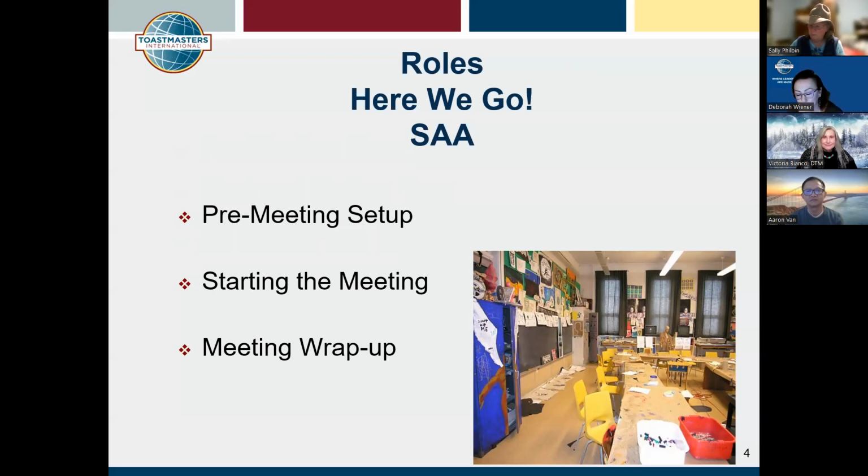If you have a hybrid club, their role can be combined with someone else, but usually they're the tech host, and they help set up the Zoom meeting, and they also wrap up the meeting.